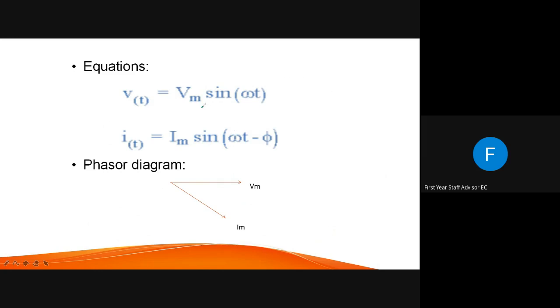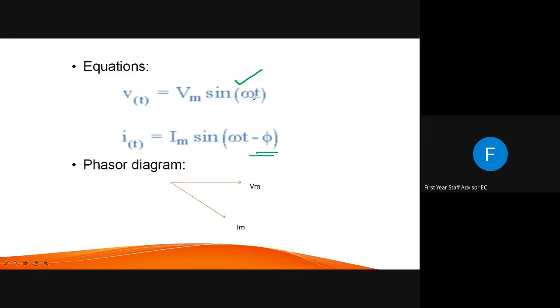So you can see these equations. In the case of this equation, V of t, it is an equation for instantaneous value of an AC quantity. V of t is equal to Vm sine omega t. And you look at the equation of I of t, Im sine omega t minus phi. We are reducing an angle phi from omega t.